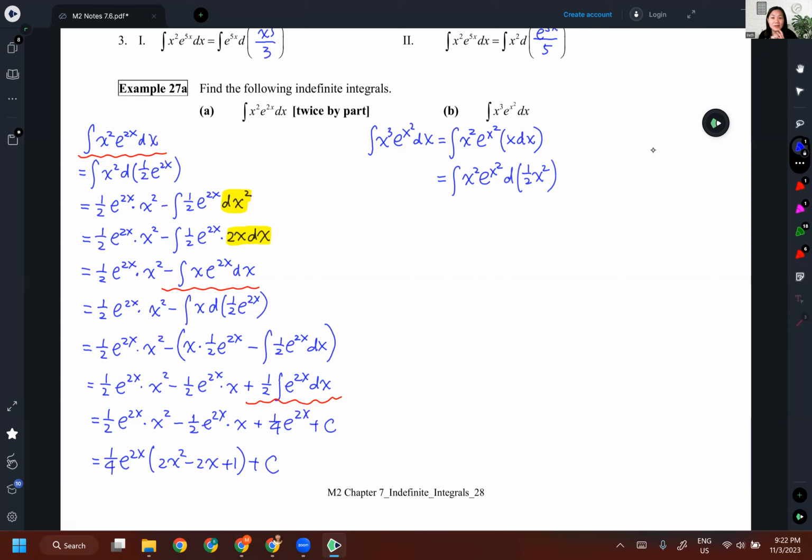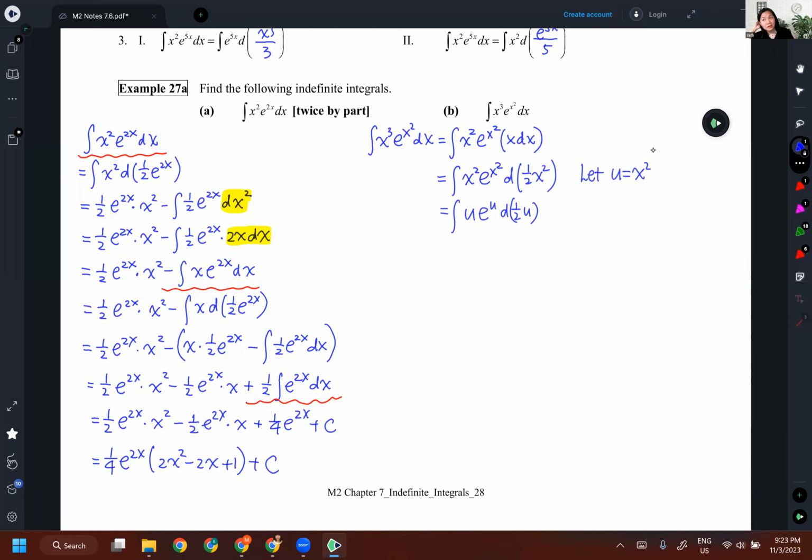Now, in this case, I suggest a better way is to let u be x squared, because the writing is smaller. Writing u, e to the u, d 1/2 u. That's easier to write this way.